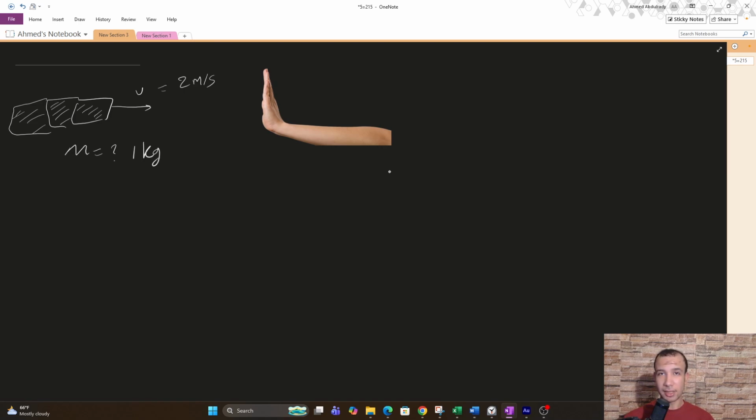We give it the letter P, and we call it momentum. It's mass times velocity. The other thing to take care of is that velocity is a vector quantity.